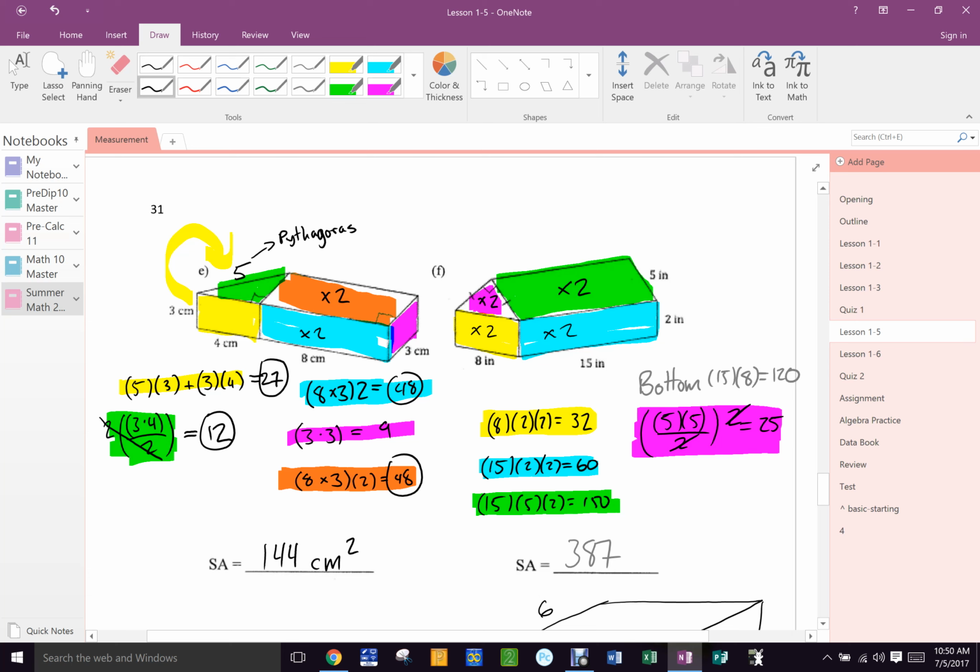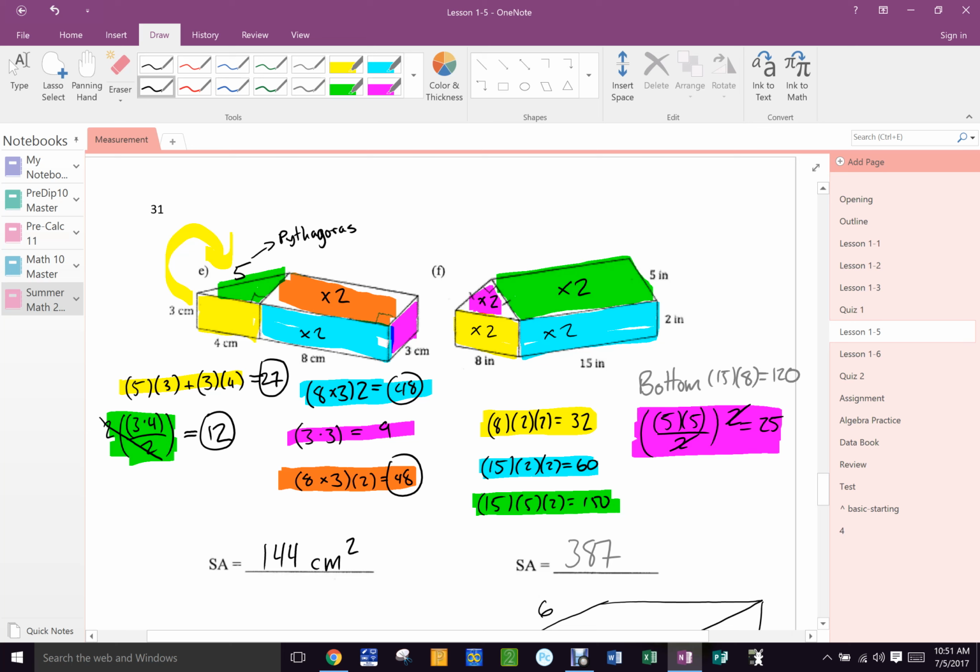This one up here is 3 by 5. How did I get the 5? I did Pythagoras, 4 and 3 right there. 16 plus 9 is 25, square root of 25 is 5. So there is the yellow parts. The green part is 4 is my base, 3 is my height, and divided by 2, but there's 2 of them, so the 2's cancel, so I got 12.